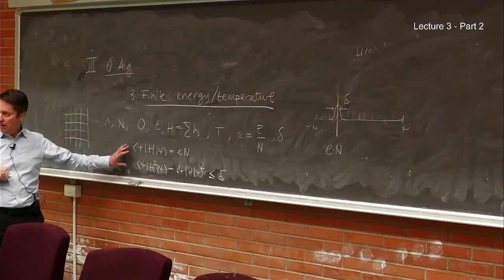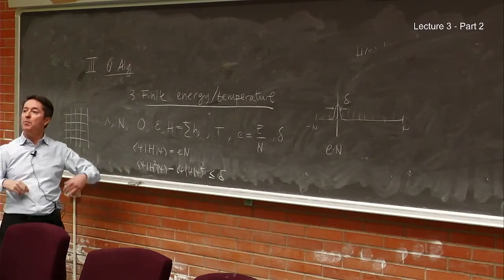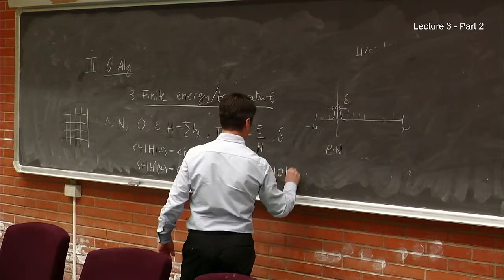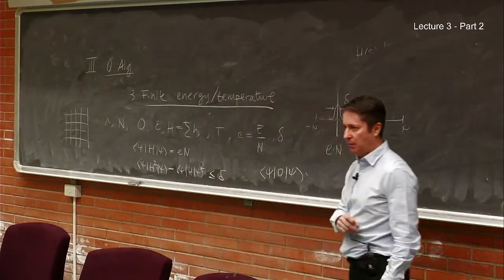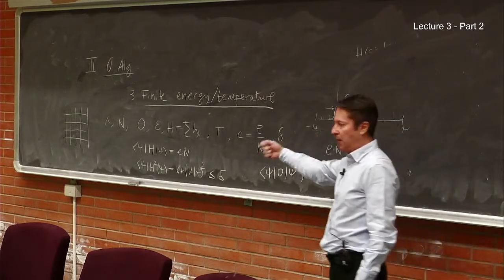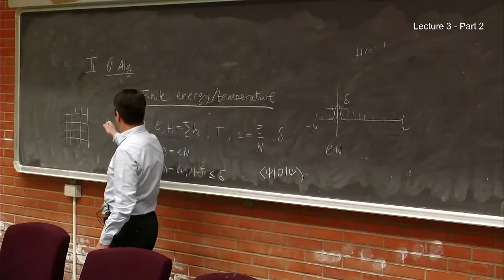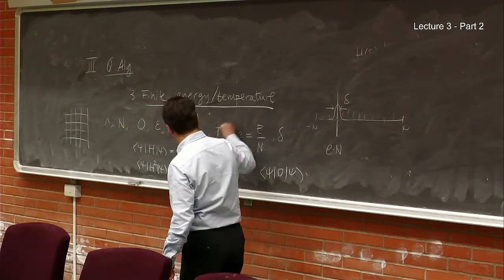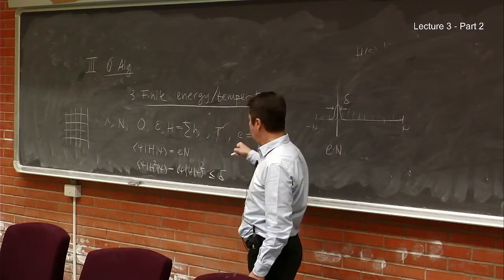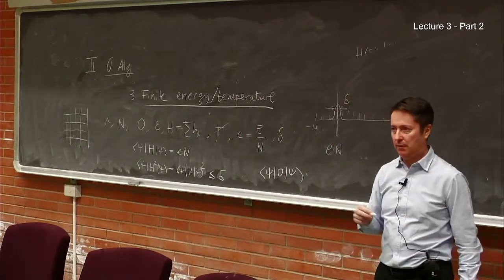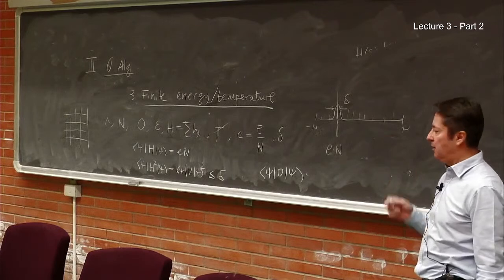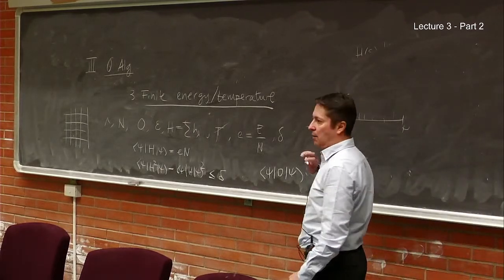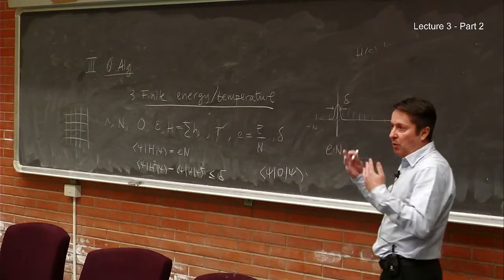And given this state, I would like to compute the expectation value of this observable with a precision epsilon. So you see, now I have a lot of things. I have to give you the lattice, the number, the observable, the prescription, the Hamiltonian, not the temperature, the moment I'm not talking about temperature, but the energy density and the variance of the energy that I want. And so that's a problem that we want to solve with a quantum computer.